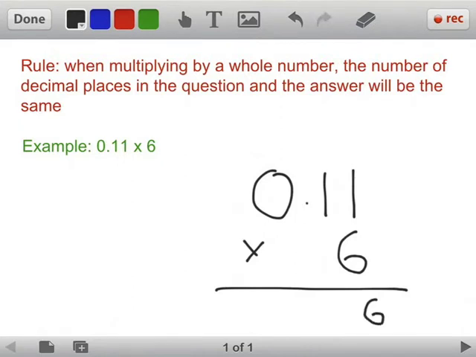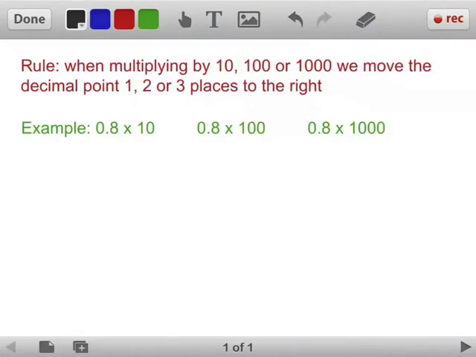Then we move to the next place value, which is this guy just here, and we go 6 multiplied by 1 again. 6. Next, our decimal point, 6 multiplied by 0, 0. So that's our answer, 0.66. Pretty straightforward, guys.